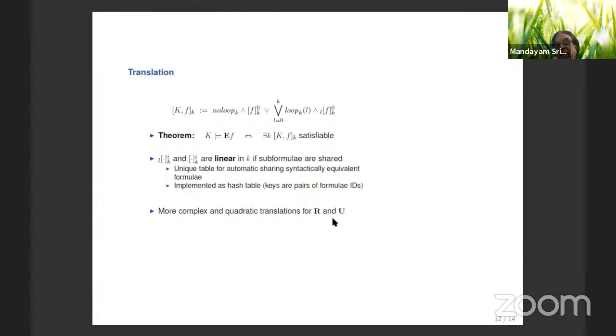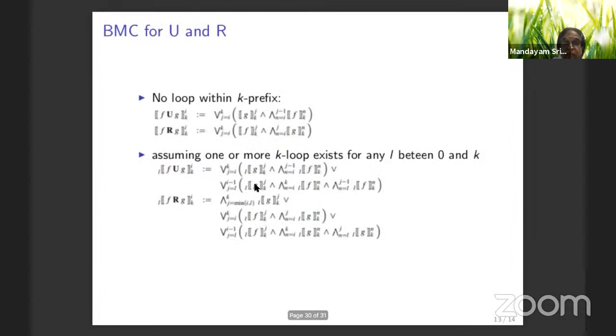Now for R and U, they are more complex. They are quadratic in the size of K. So I'll show the translation for until. I will explain it for until.